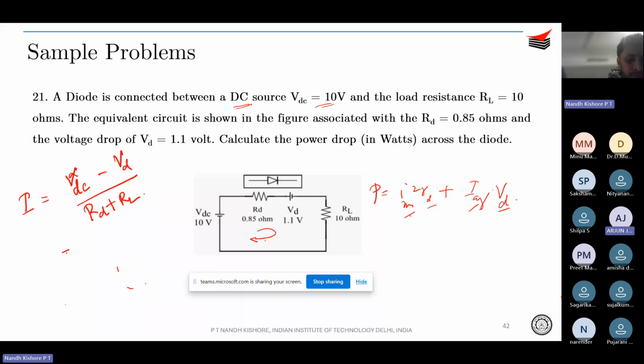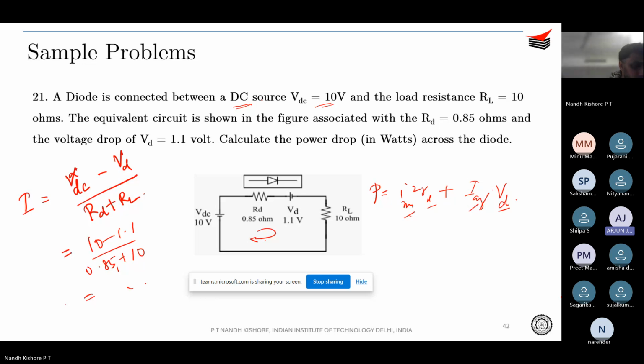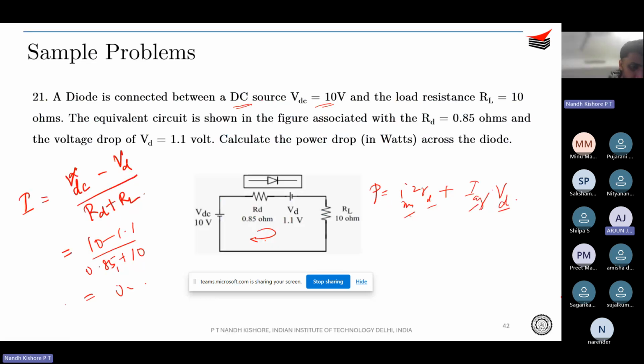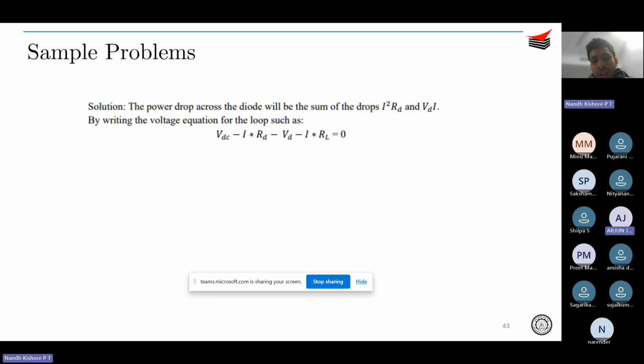So 10 minus 1.1 divided by 0.85 plus 10. What is the I that you get? 0.82 amperes. Since it's a DC source, I RMS, I average, everything is one and the same.